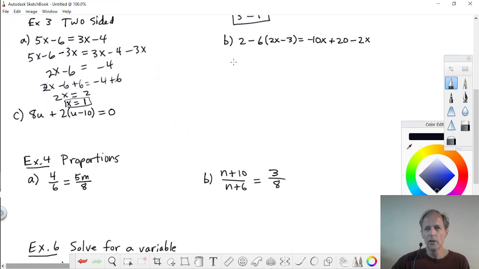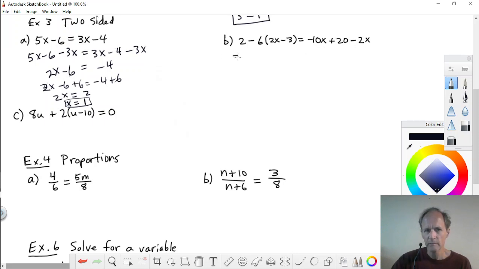Okay, so here's a long one. A lot of simplification to do there before we do anything else. You distribute wherever you see something times something in parentheses, and you also gather the like terms and go ahead and combine them, right? Like terms can be combined.